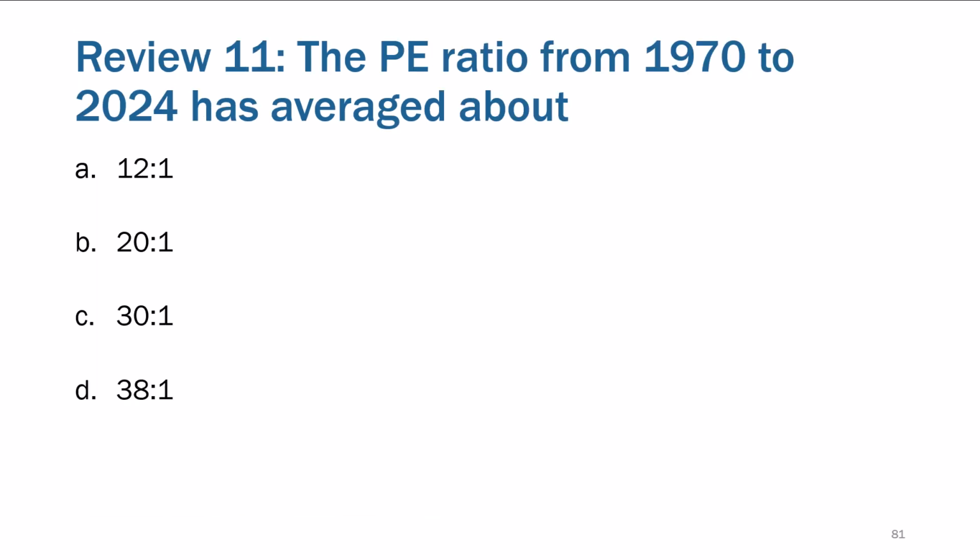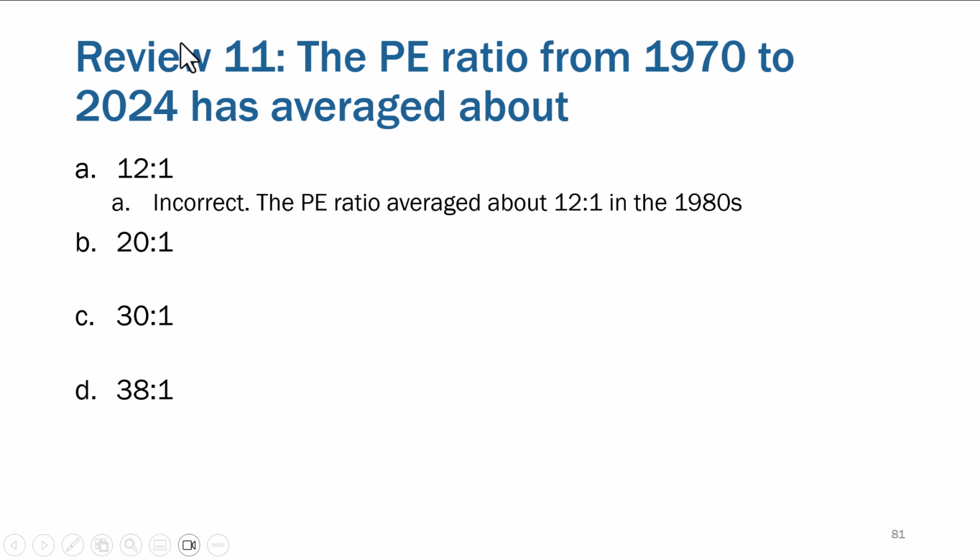So the last review question I have here: the PE ratio from 1970 to 2024 has averaged about what? We just went through it on the previous slide. Can you remember what this one is? Well, as we take a peek at that one, it's not 12 to 1. That was more back in the 1980s, and the 1970s were pretty close to that as well.